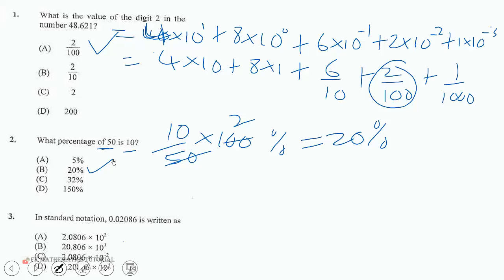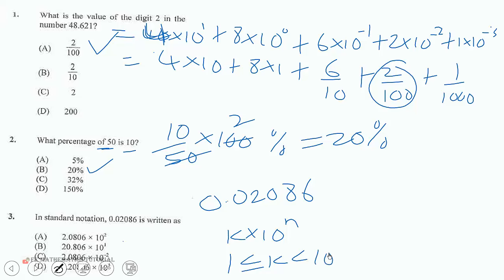In standard notation, 0.02086 is written as, so we write it in the form k times 10 exponent n, where n is an integer and k is greater than or equal to 1, but less than 10.